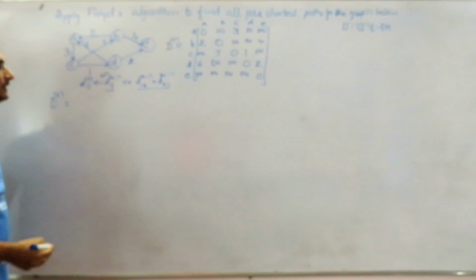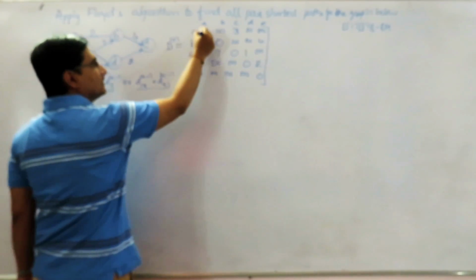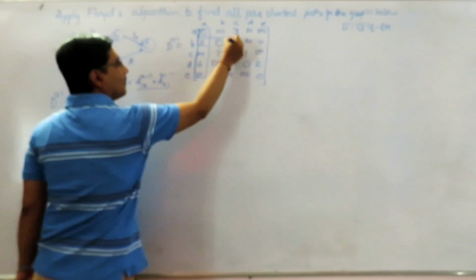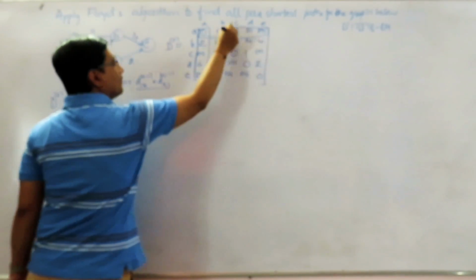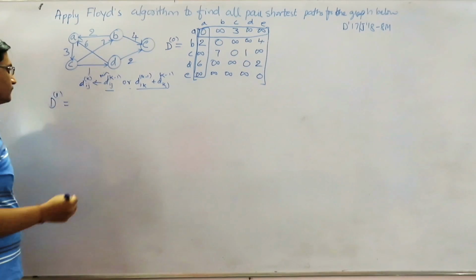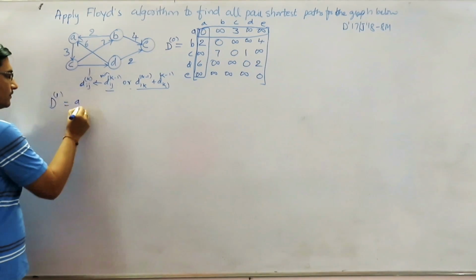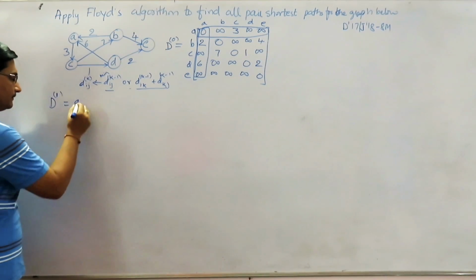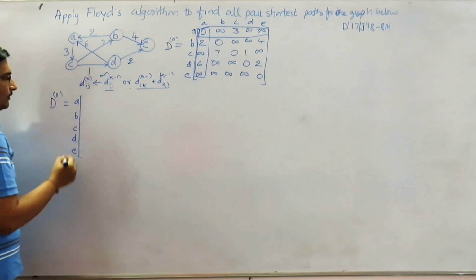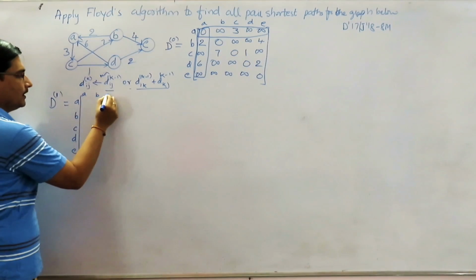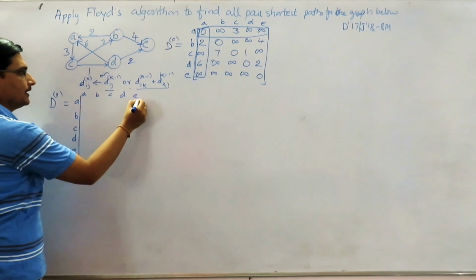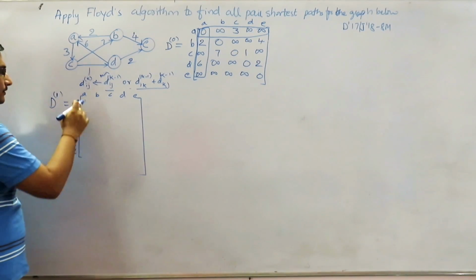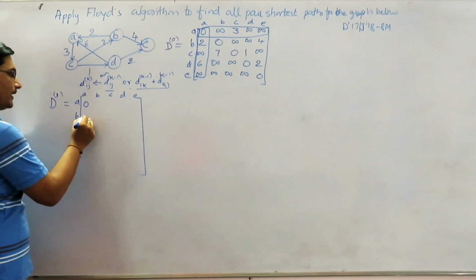We have to consider the values. So let us consider the first row and first column of D0 to find D1. So this is A, B, C, D, E. The first row and first column are not going to change.